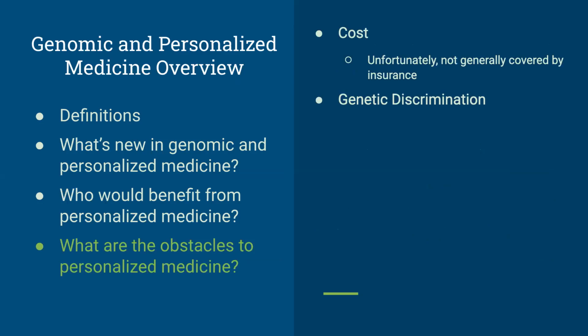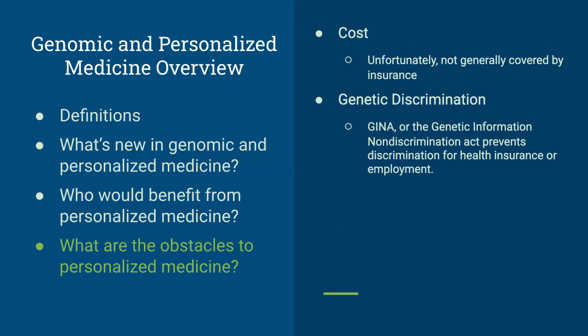And then the other problem is genetic discrimination. So you are protected. You might have heard of this, but there's something called GINA, the Genetic Information Non-Discrimination Act, and they cannot discriminate against you for health insurance or employment. It's seen as, I guess, stacking the deck, and you are protected.